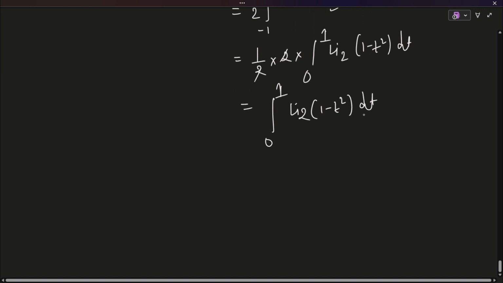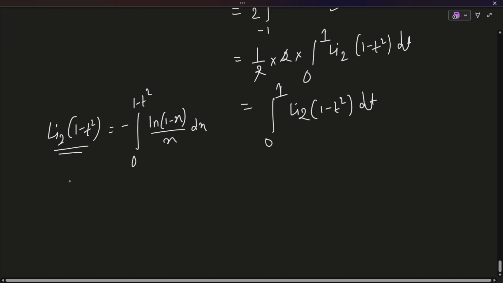Okay, so from this step onwards, what we can do is we can use the definition of dilogarithm. So Li2 of 1 minus t square, according to the definition, should be integral from 0 to 1 minus t square of ln of (1 minus x) by x dx, correct? Now, what if you were to find the derivative of this term?